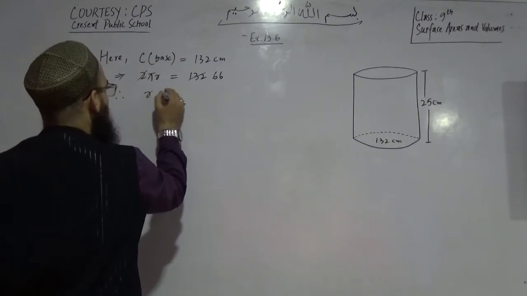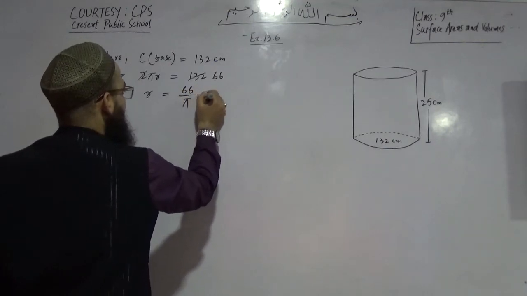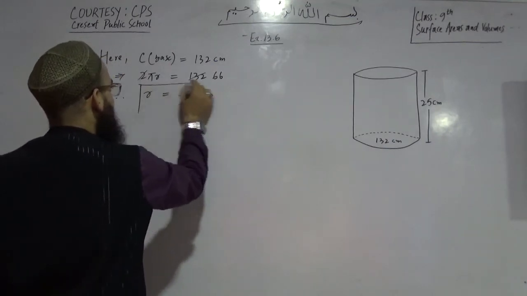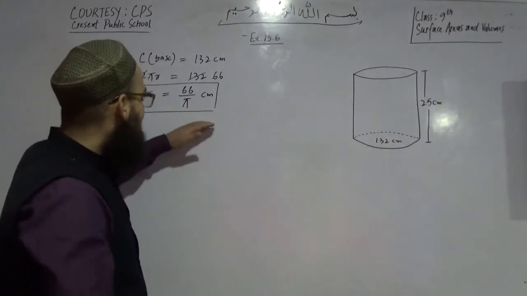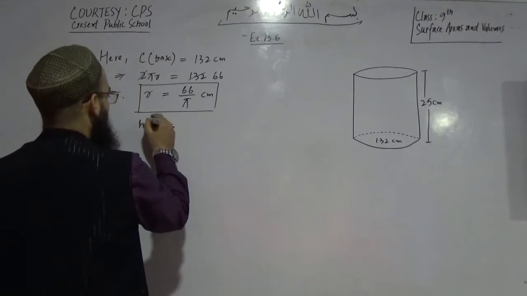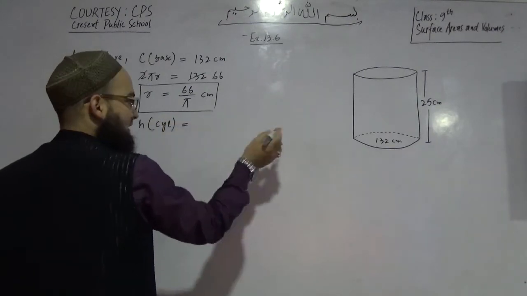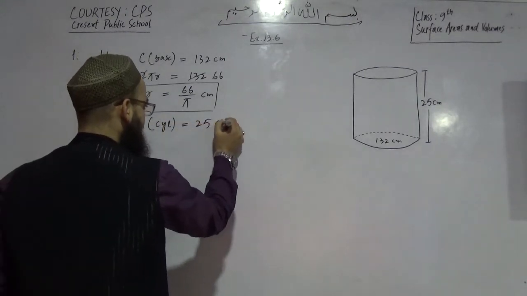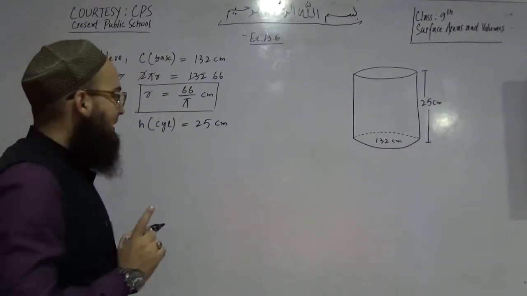Therefore, r is equal to 66 by pi centimeter. This is the radius. Height of the cylinder is equal to 25 centimeter.